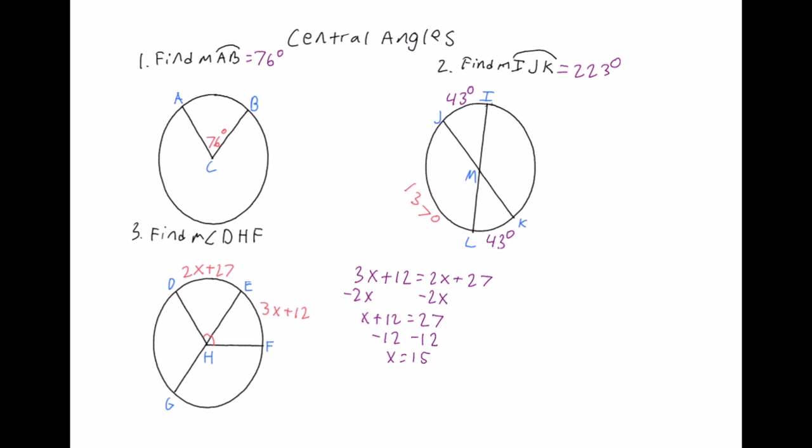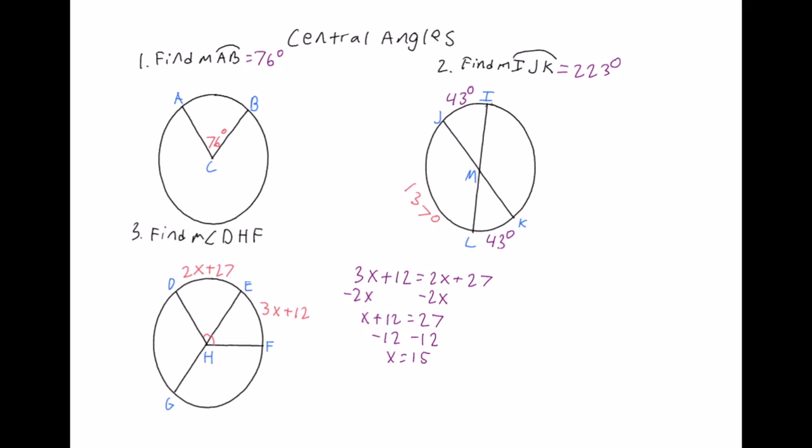So now that we know x, we have to plug it into both of these arcs, or really just one of them, and then multiply by 2. So we know x is 15, so we plug x in here. That'll give us 3 times 15, which is 45, plus 12 is equal to 57.